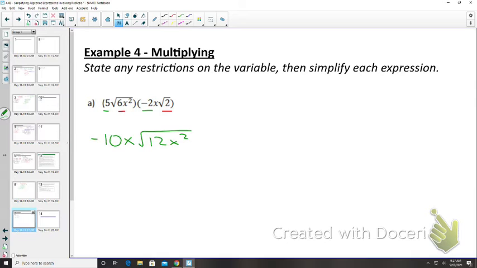We can go ahead and simplify this, but before we do that, let's state our restrictions first. We have an even exponent, therefore no restrictions.